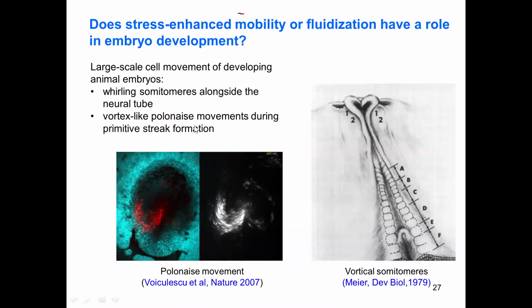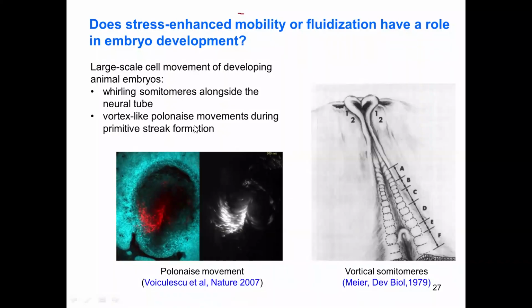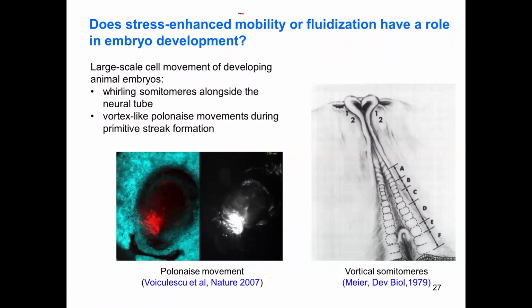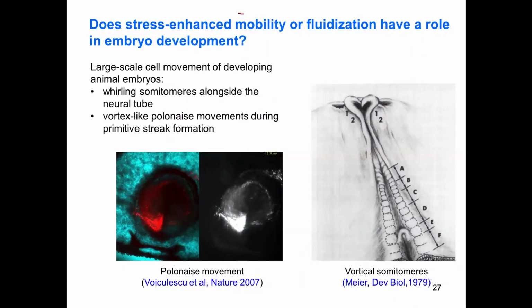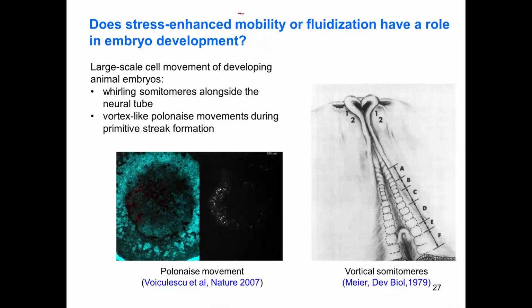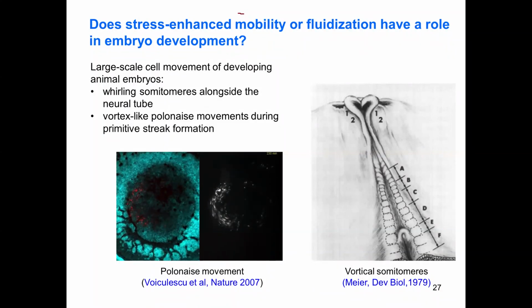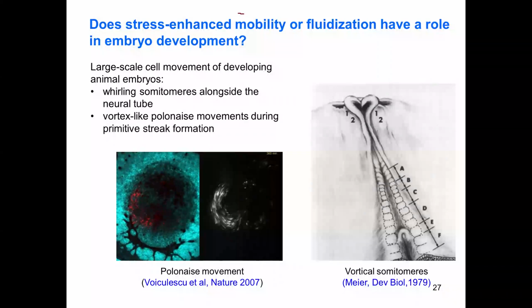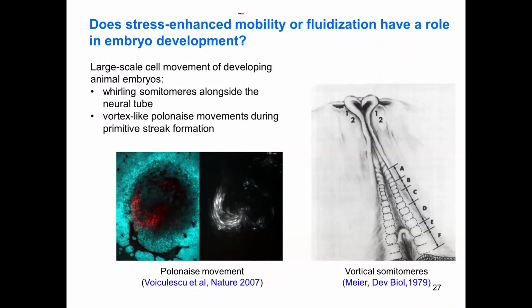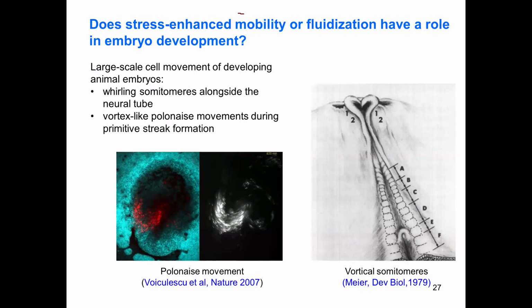It may also be related to the vortex-like cell movement during the primitive streak formation. So we hope developmental biologists would be interested in this idea and may come up with ways to verify this hypothesis.